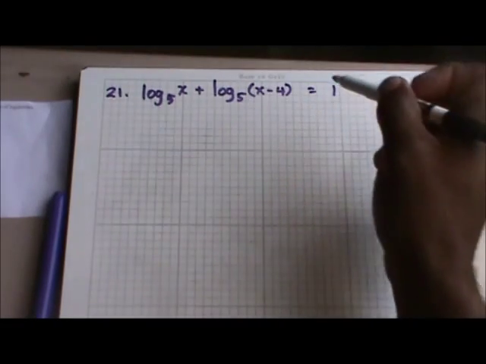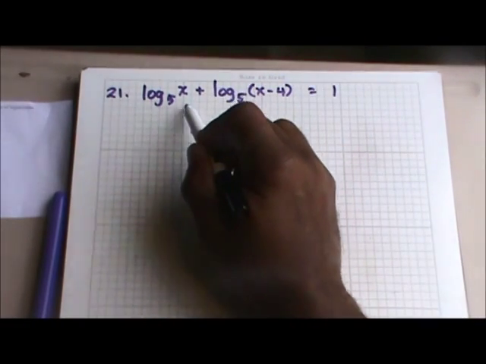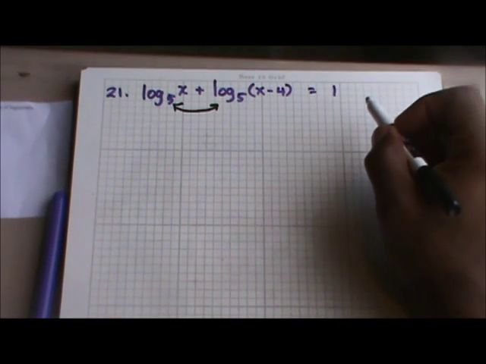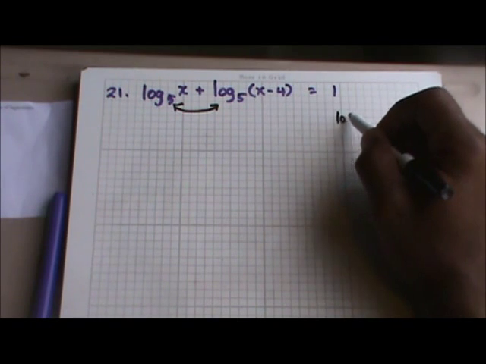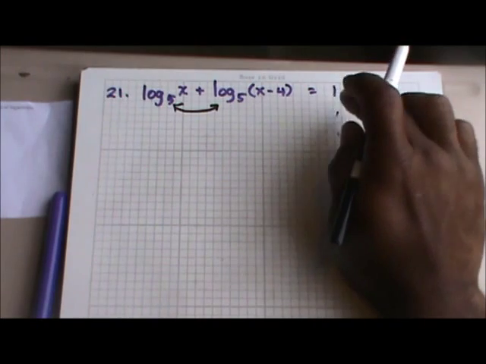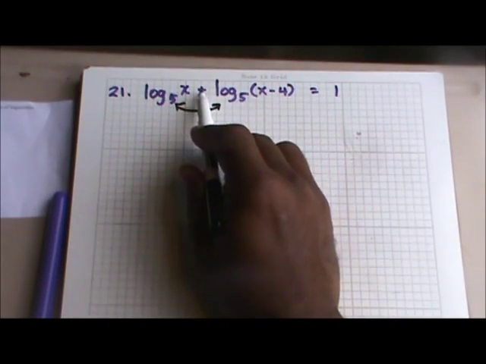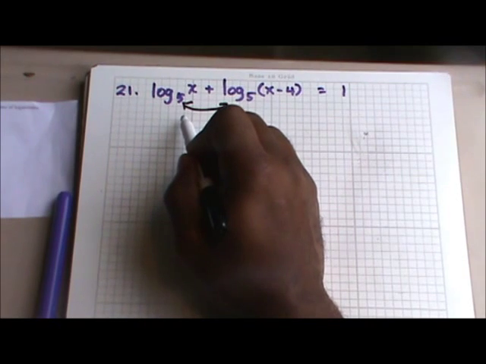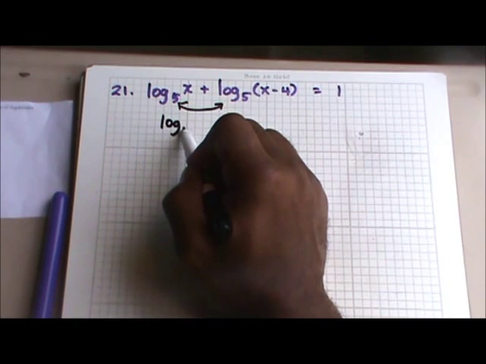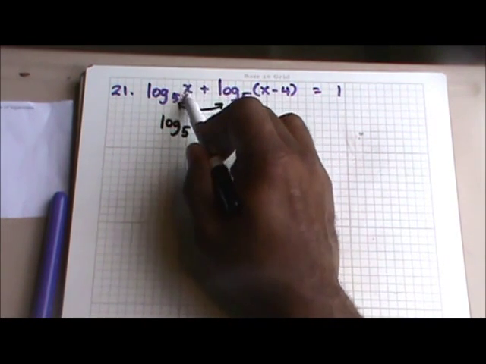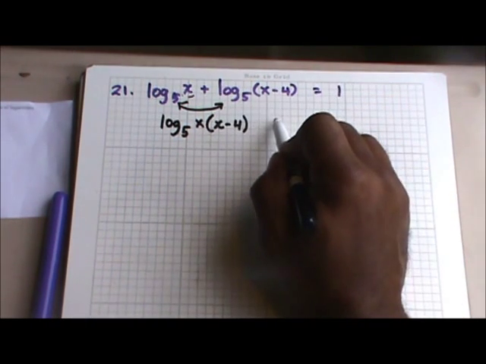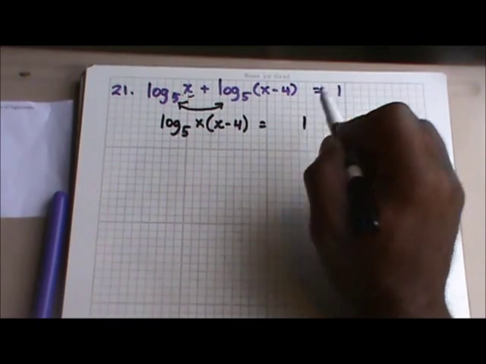We need to use the log properties, where we're going to combine these. If we combine this with the plus, it becomes multiplication when we condense it. So it becomes log base 5 of x times x minus 4, which is equal to 1.